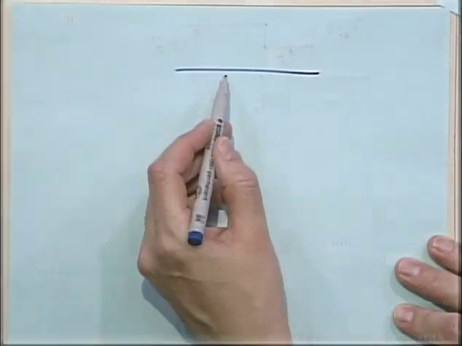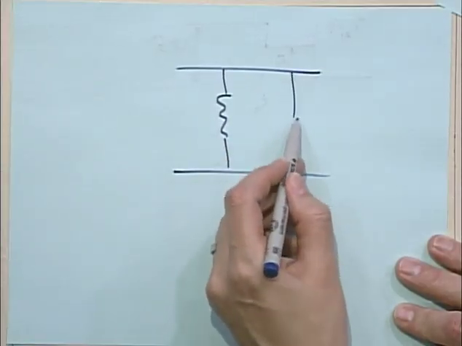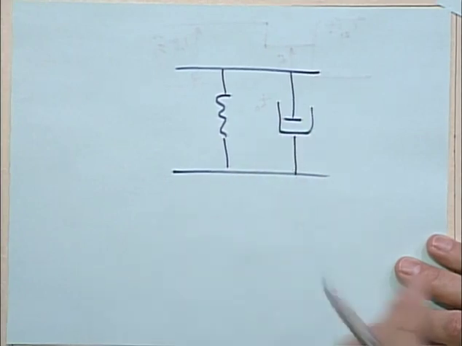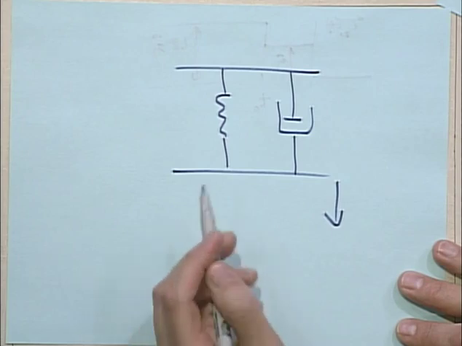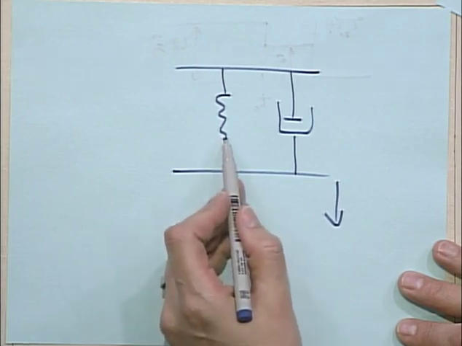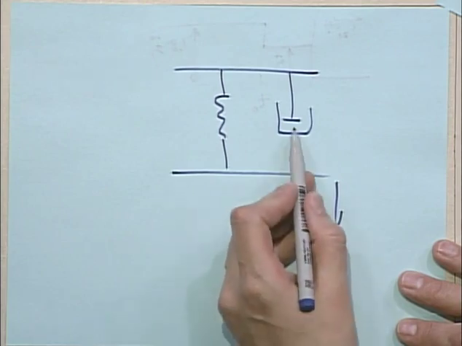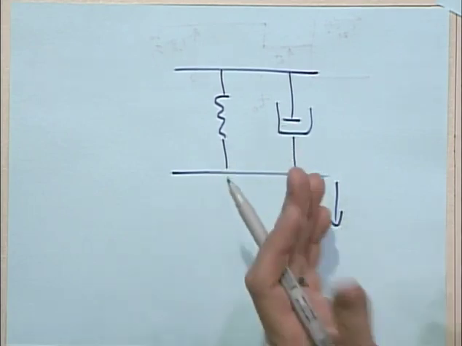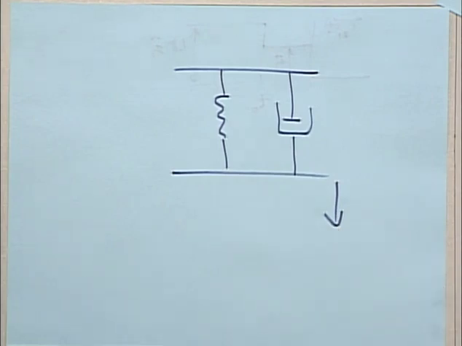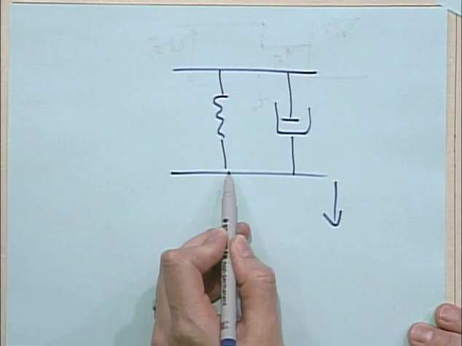So for instance, if I had a spring and a dashpot in parallel, if I pulled this down, I'm pulling on the spring all the time, right? If I pull this down, there'll be some amount of stress that will disappear because the dashpot will flow and then stop contributing stress. But there will always be stress from the spring.